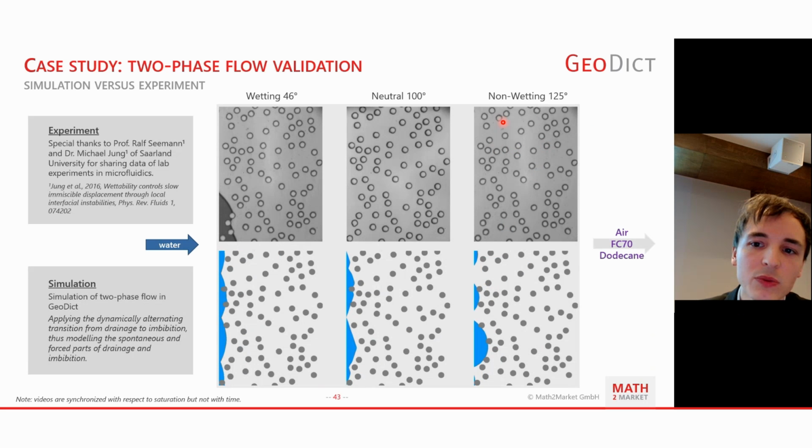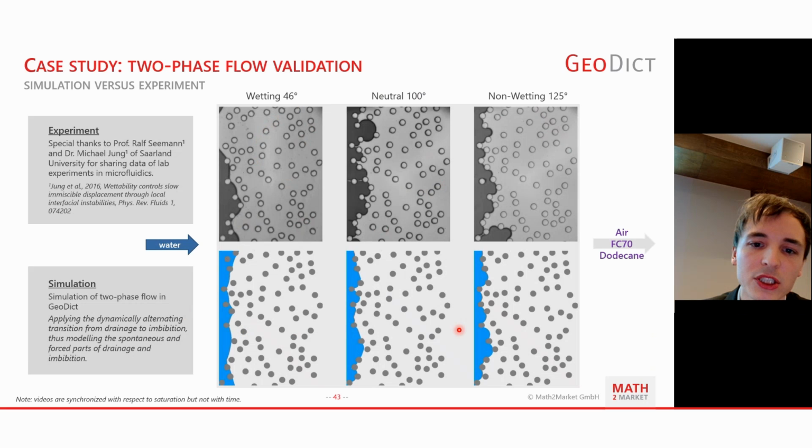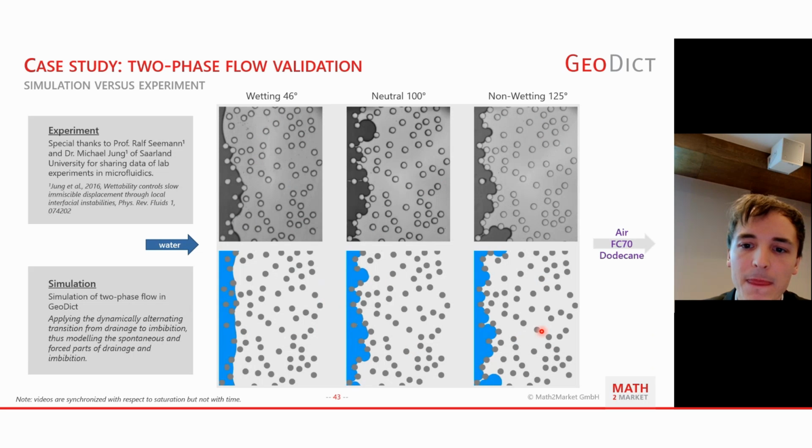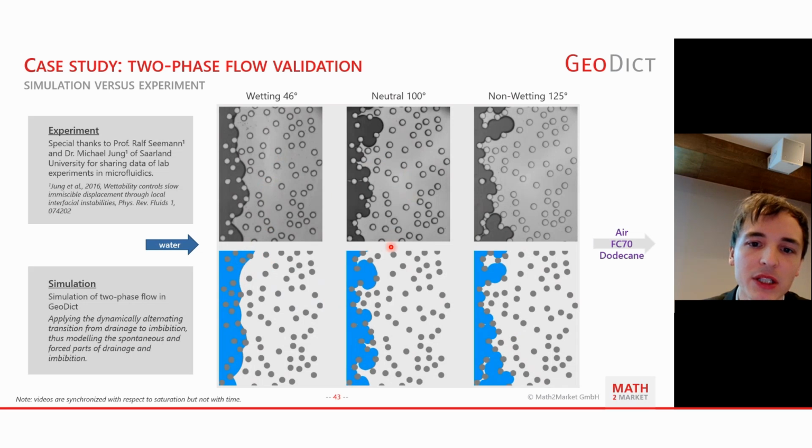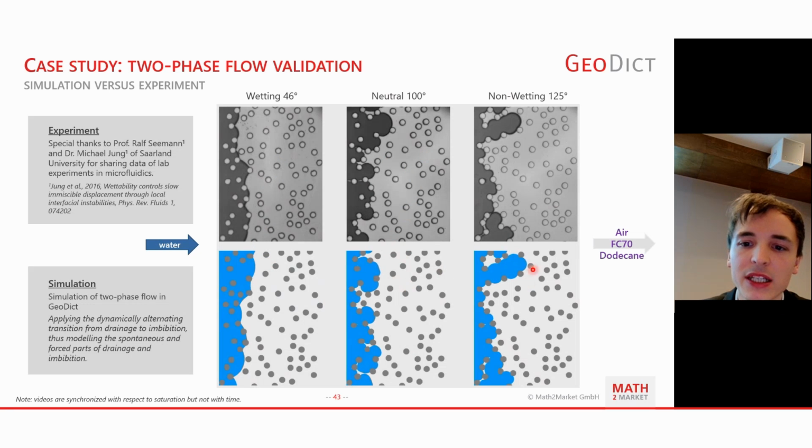So this is the comparison we have between the experiment and the simulations that were done by GeoDict. The left case would be the wetting case. In the middle, we have the neutral case, and on the right-hand side, you have the non-wetting case.